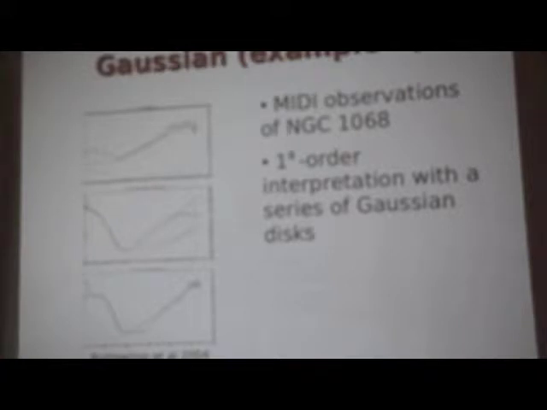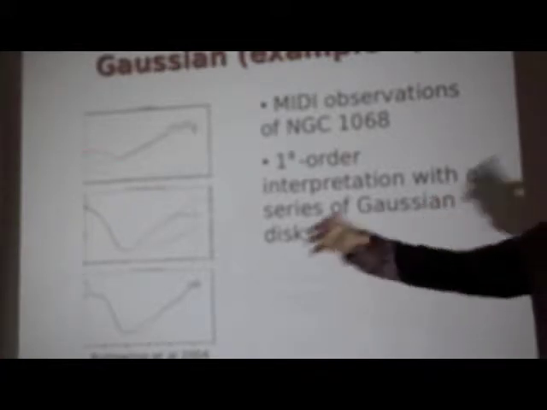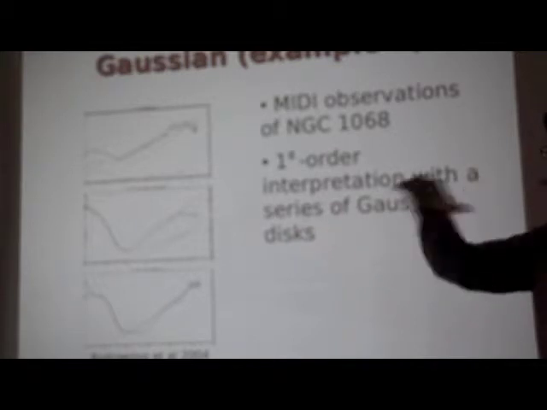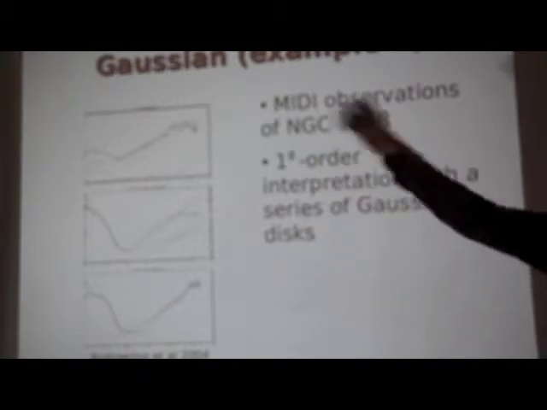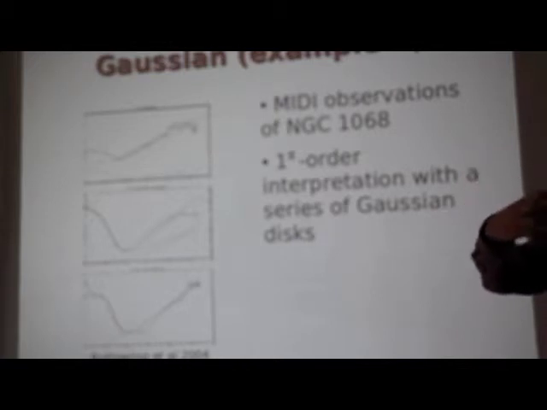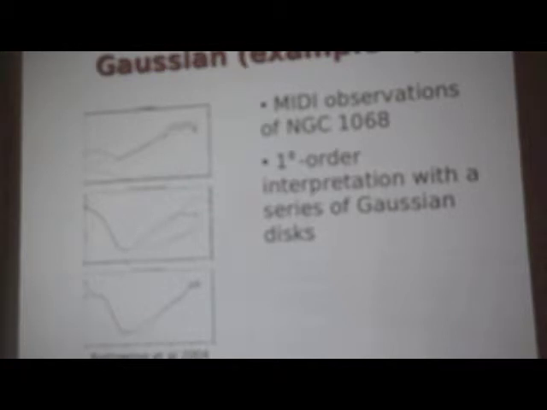Basically what they showed here is that you cannot model the object with just one Gaussian shape, but you need one big Gaussian shape to explain the large structure and one small Gaussian shape to explain the inner part of the AGN.